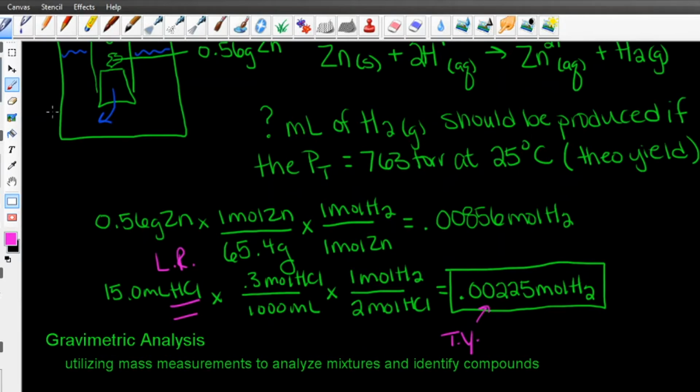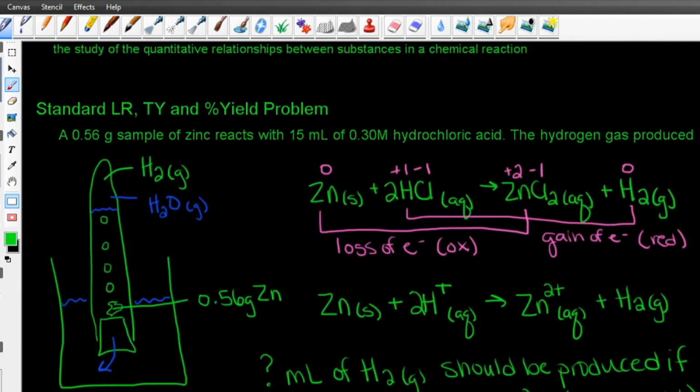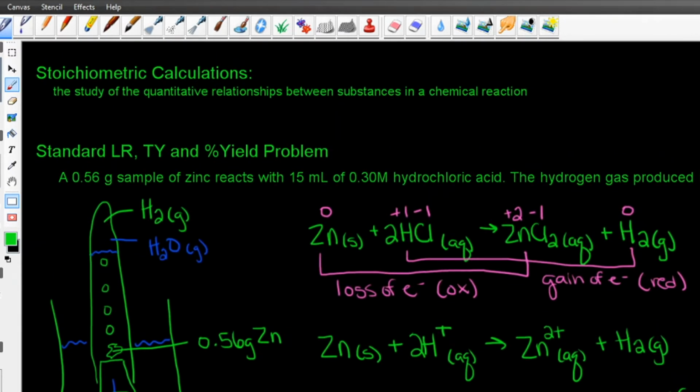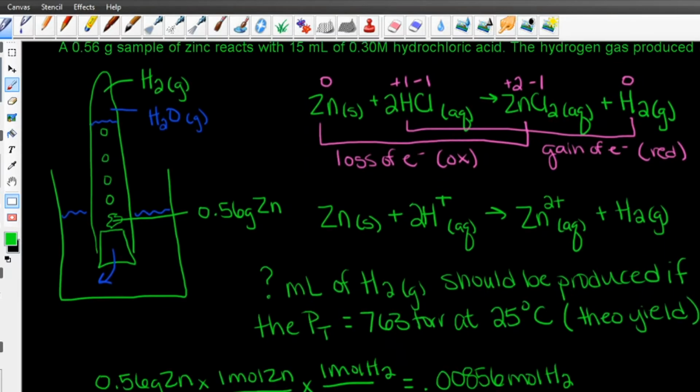I'm told the total pressure is 763 torr at 25 degrees Celsius. But don't forget we also have water vapor in that eudiometer, so we need to subtract out the water vapor pressure to get the pressure of just the dry hydrogen gas.